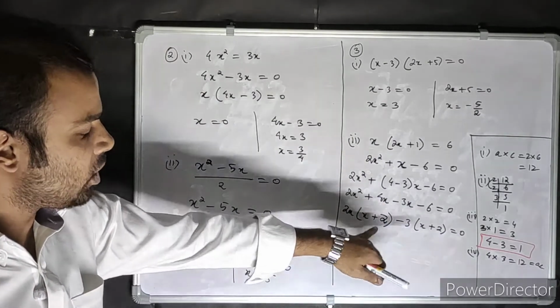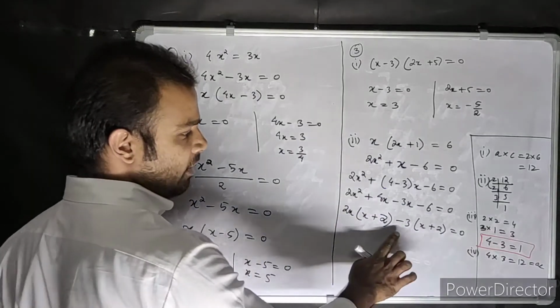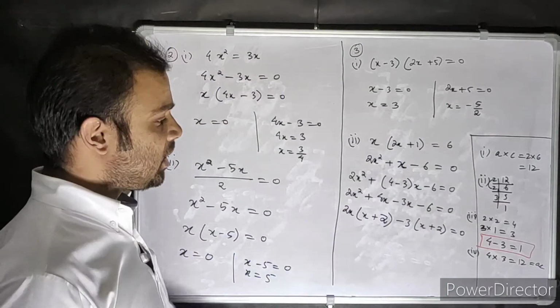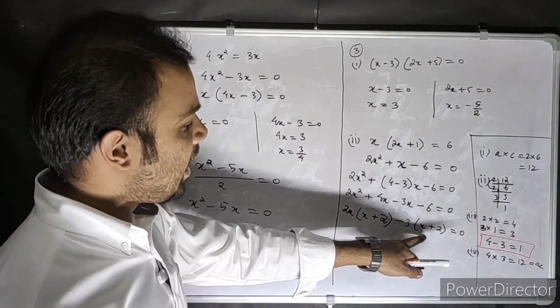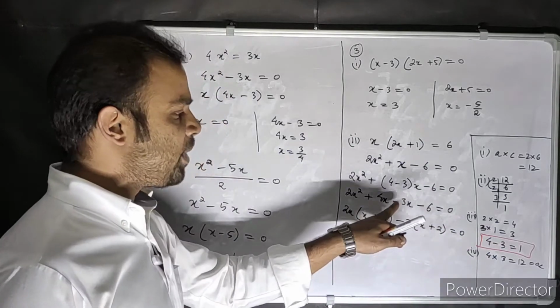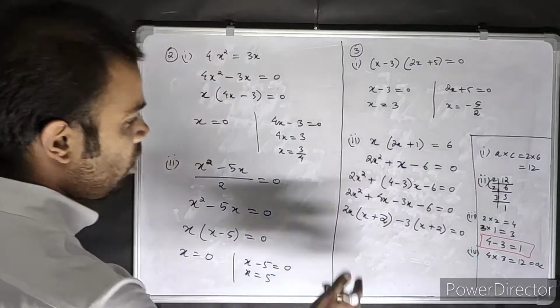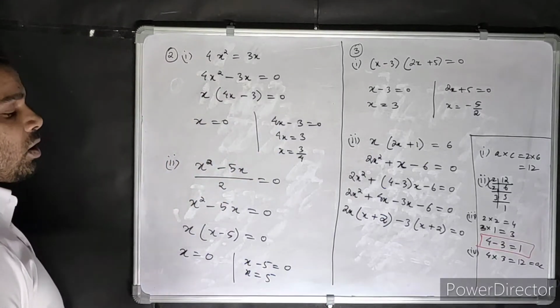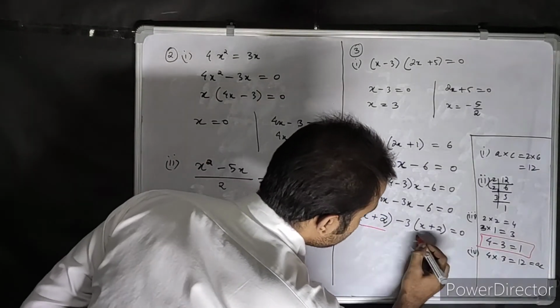You're left with a 2 because 2 xs are 4. From here minus 3 I took out, so you put the bracket and the sign changes. So 3 came out, then x is left, then a factor, 3 2s are 6, now plus because of the minus sign outside the bracket. So you already know this. You will have to keep a note on this, that these two will always come the same.